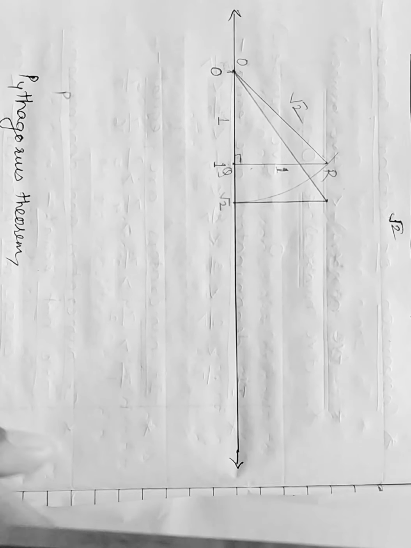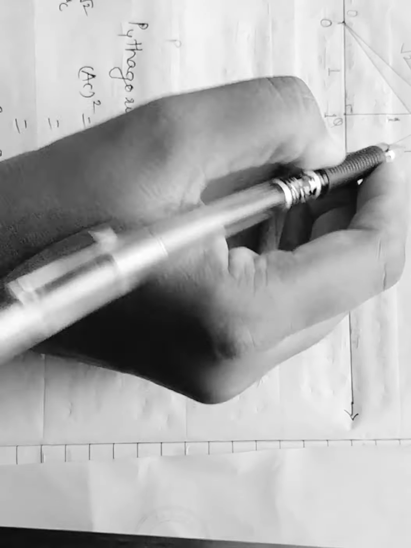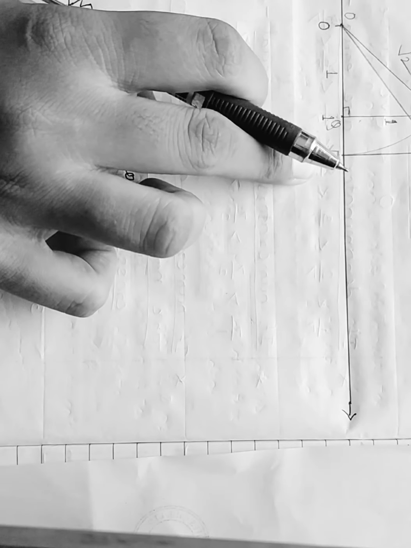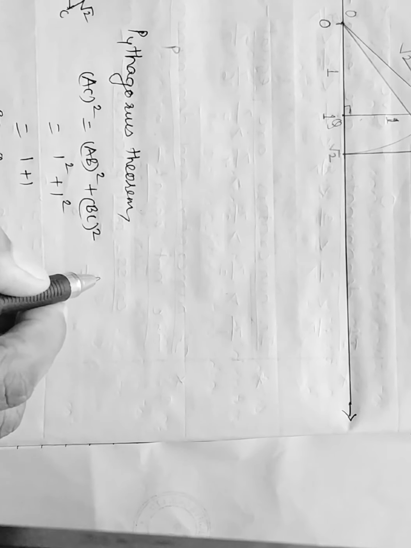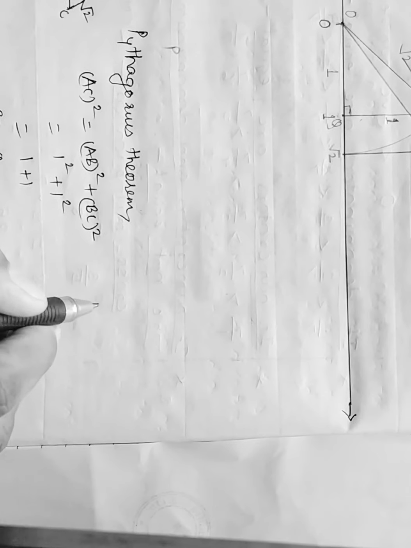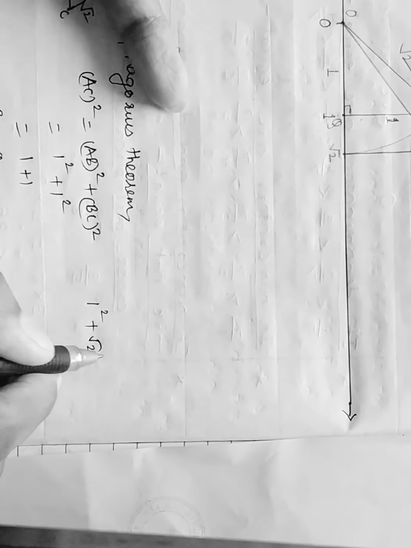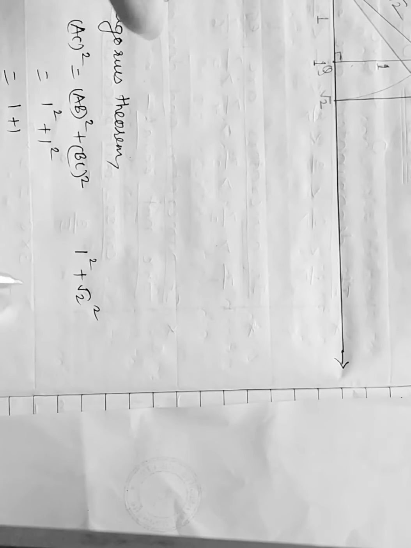See now, for root 3, what will be the calculation? This is 1 unit and this distance is root 2. Then 1 square plus root 2 square. Suppose you give the name S there. Then OS you have to find out.